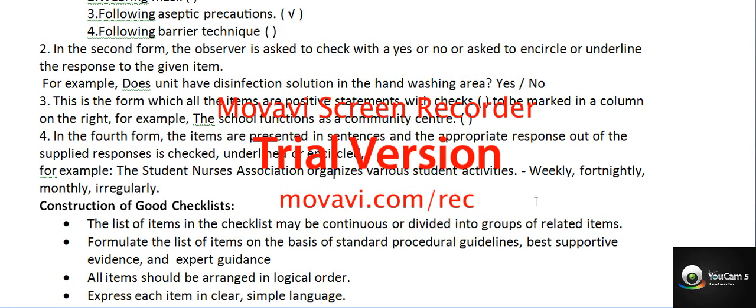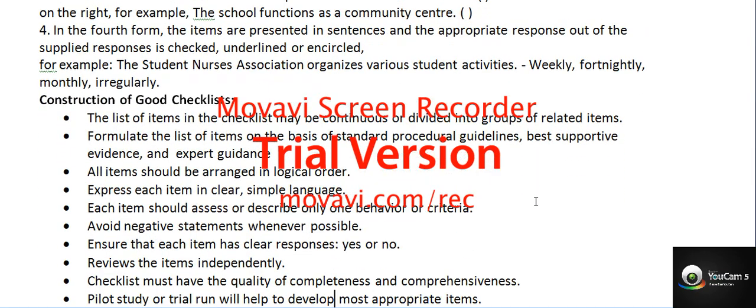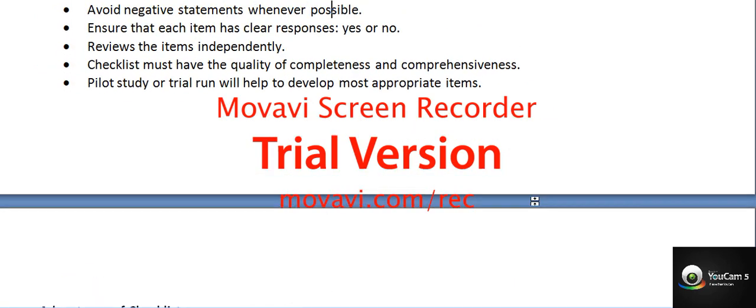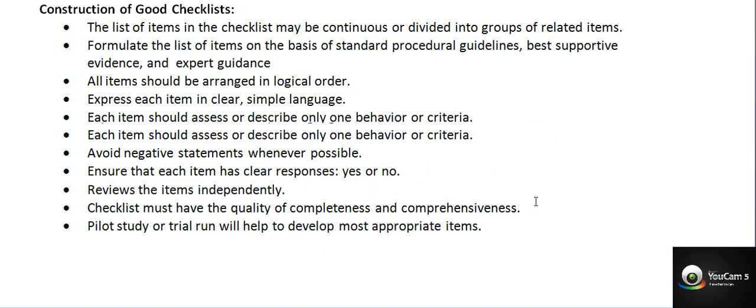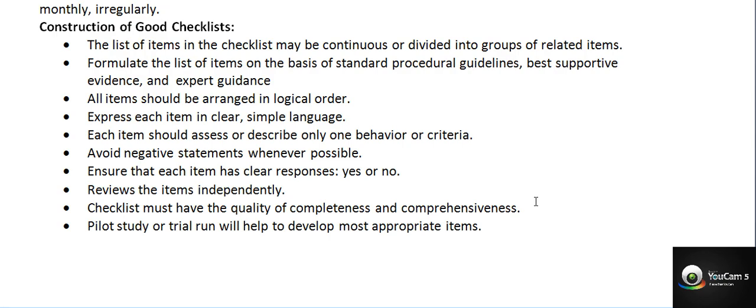Next we will move on to construction of a good checklist. When you are going to construct a checklist, how can you make it effective? The list of items in the checklist may be continuous or divided into groups of related items.